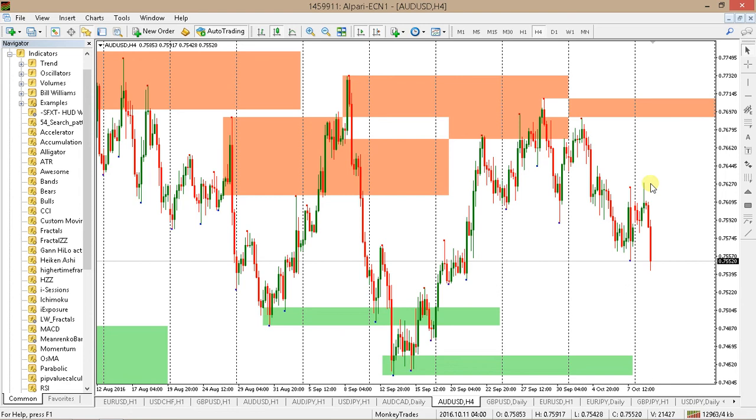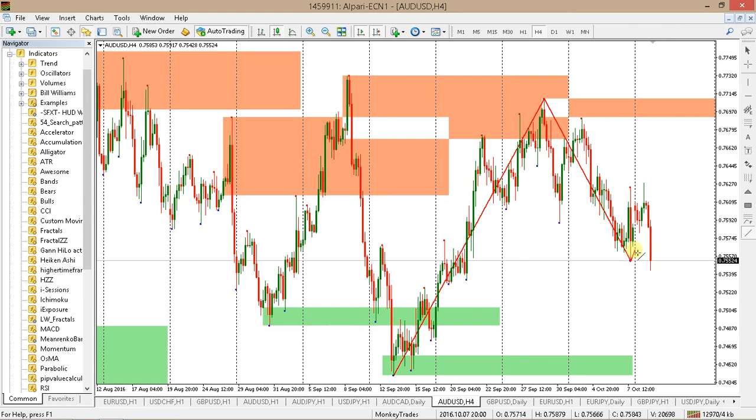Probably you don't see it because your eyes are not trained, so I will draw it with my lines. Let's pretend this is XA leg, this is AB leg, and it should be retracing at least to 50%.